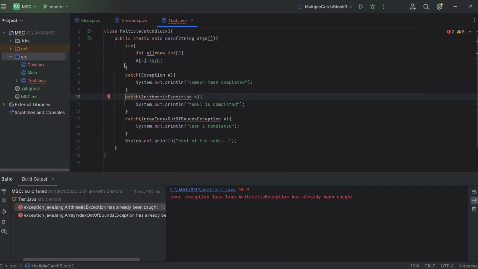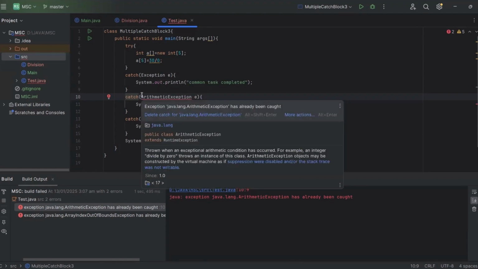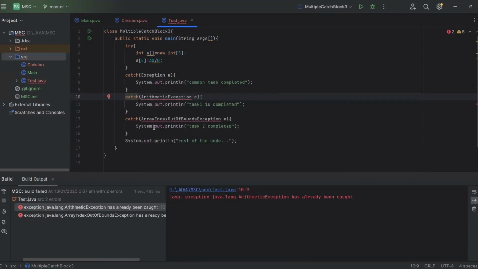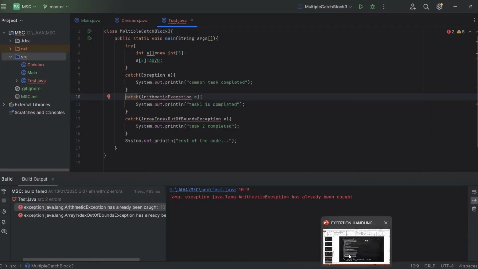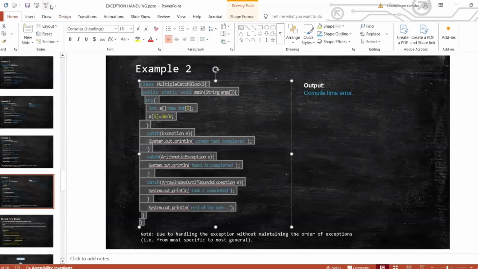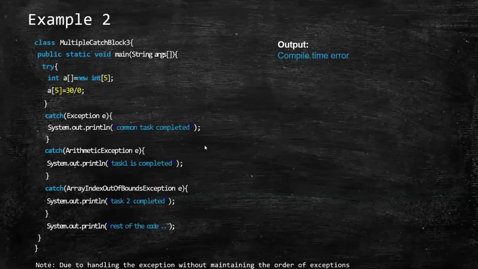As soon as your try block detects the exception, it goes to the first catch block, which is the very common exception. So it thinks that it handled the exception, but in reality it did not handle it. That is the reason why your compiler is telling you to handle it now and give it priority, because this particular thing is more specific and not generalized. So this is a very key point while using multi-catch block.